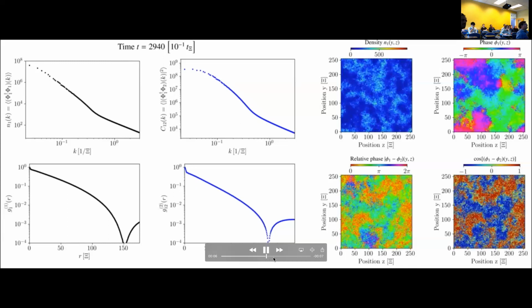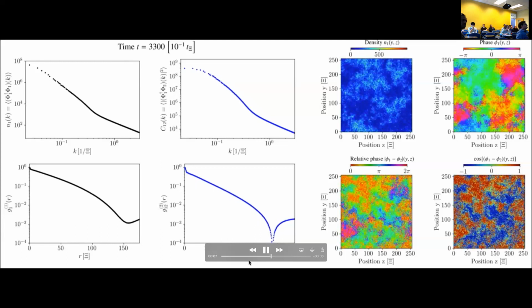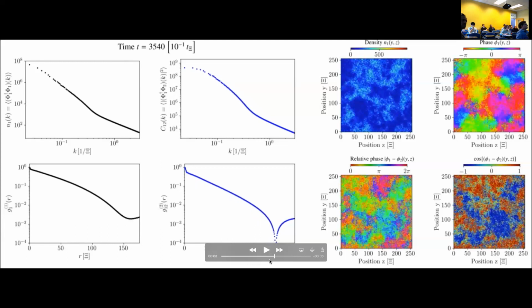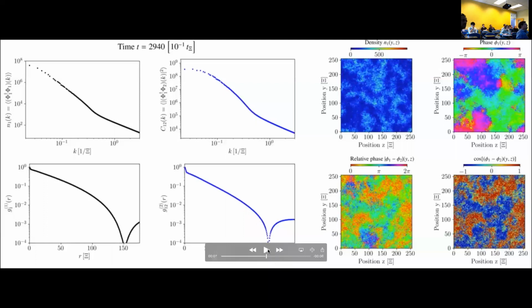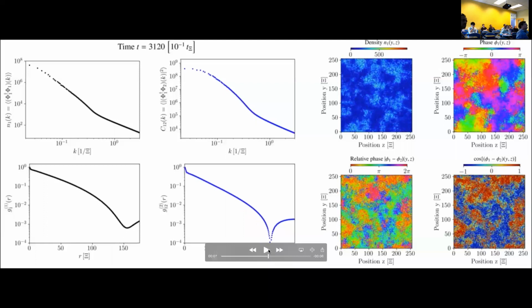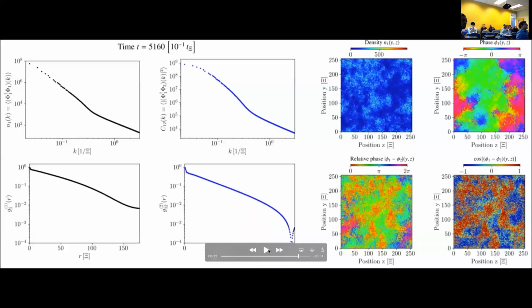So the slope of this exponential will change. There will be details in the long-range behavior due to these oscillations, but essentially what you have is a quasi-condensate at these intermediate times near the fixed point, which will eventually, and this is not shown in these simulations, disappear when the system rethermalizes and goes to the condensate.